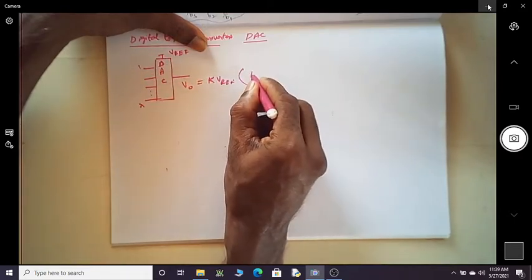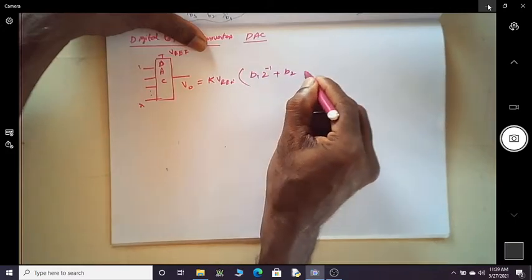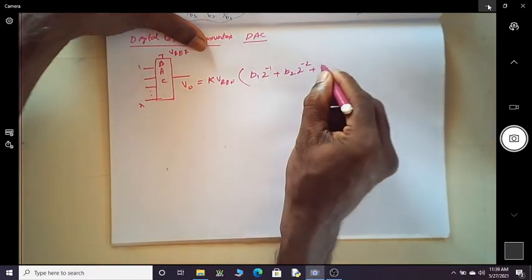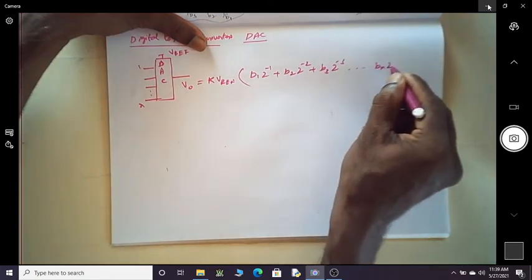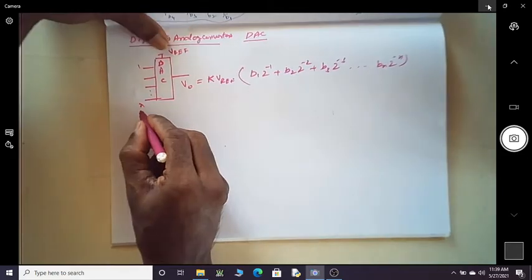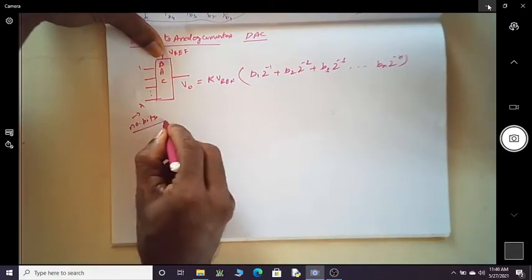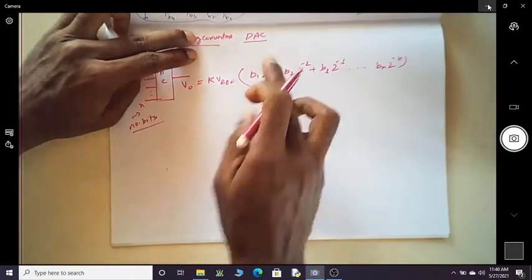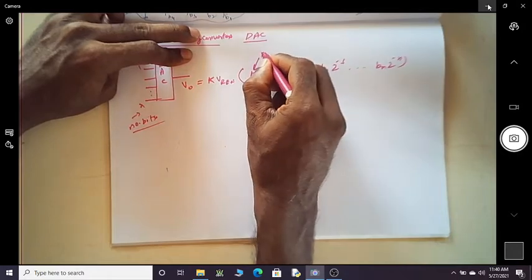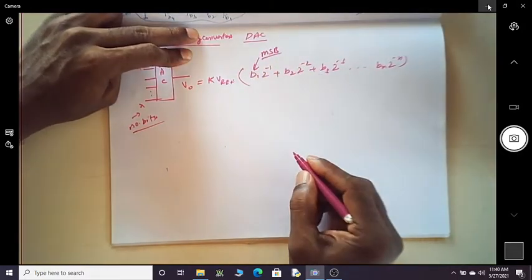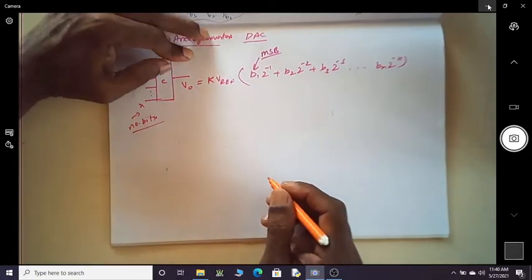So we'll write it as B1 to power minus 1 plus B2 to power minus 2 plus B3 to power minus 3, and it goes till Bn to power minus n, where n happens to be the number of bits. The number of bits is the value of n. So in this particular case, this B1 happens to be the most significant bit. So this is how the weights of different bits keep on varying.